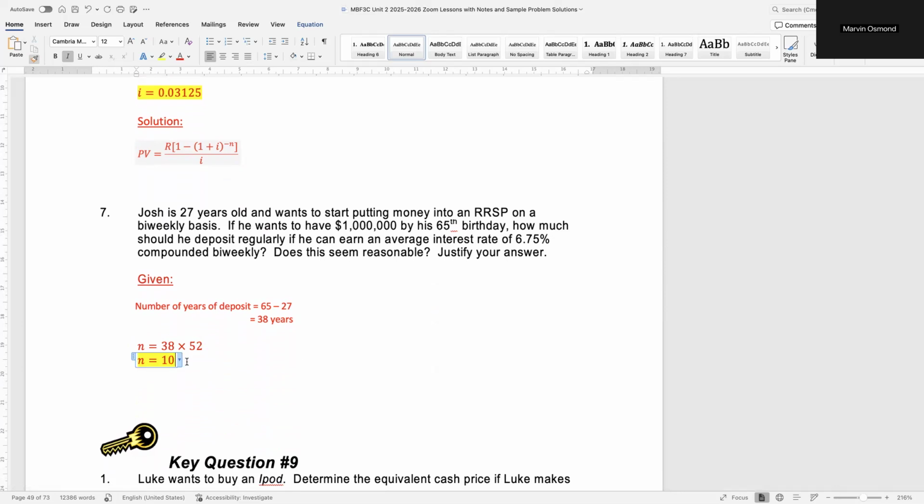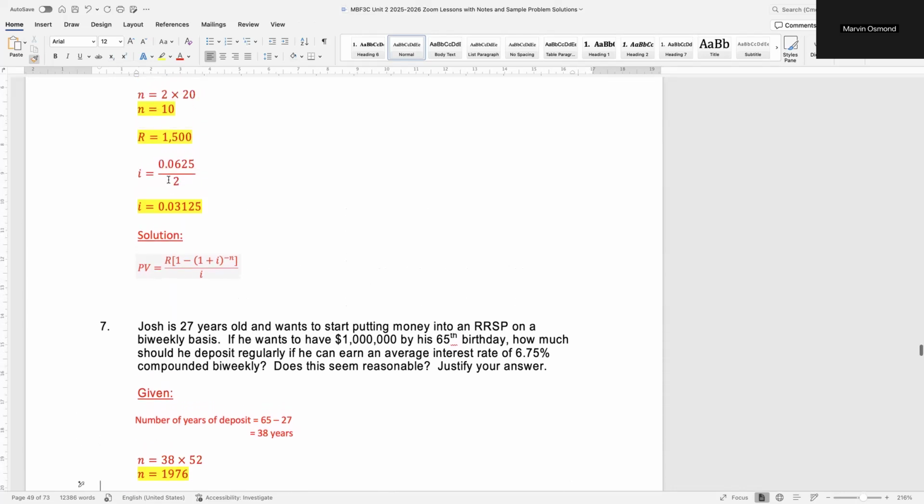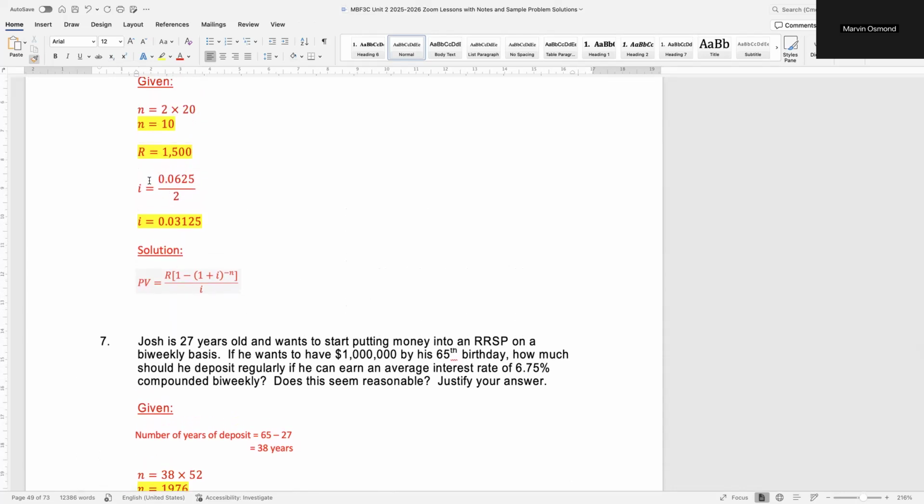So 52 times 38 is going to be 1,976 payments. Got that. Now we can do the calculation for the interest rate.